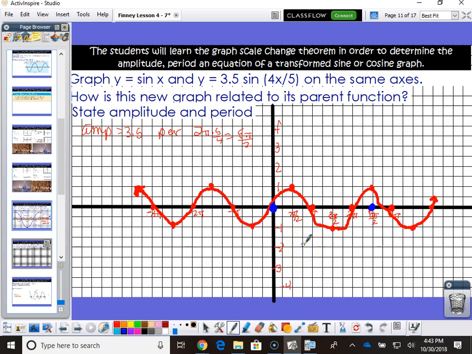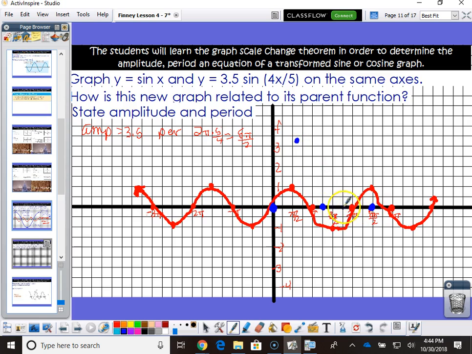Right? And halfway in the middle of that, which would be 5 pi over 4. So this is 6 pi over 4. This would be the middle. And halfway in the middle of that, so we have 1 pi over 4, 2 pi over 4, 3 pi over 4, 4 pi over 4, 5 pi over 4. So between 3 and 4, so like here, we're going to be up at 3.5.